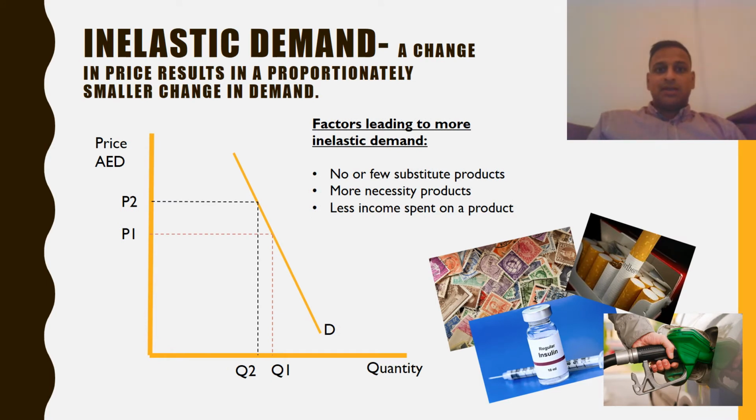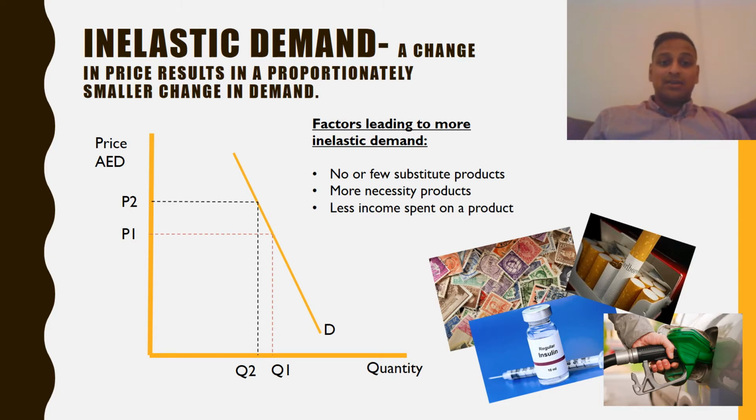Okay, so on the flip side, we've got products which have inelastic demand. Inelastic demand is when a change in the price results in a proportionately smaller change in demand. And you'll notice the difference between the demand curves for elastic products and inelastic products.